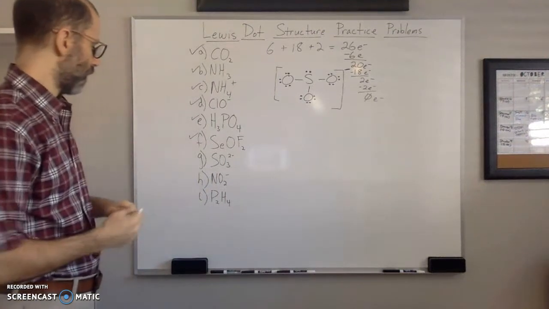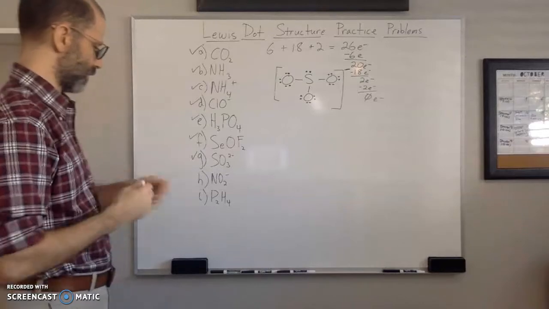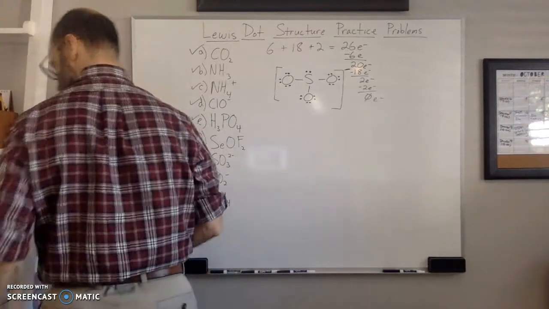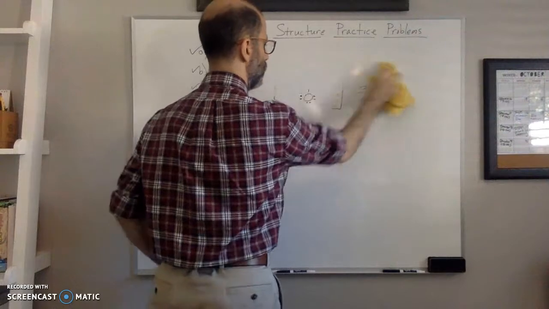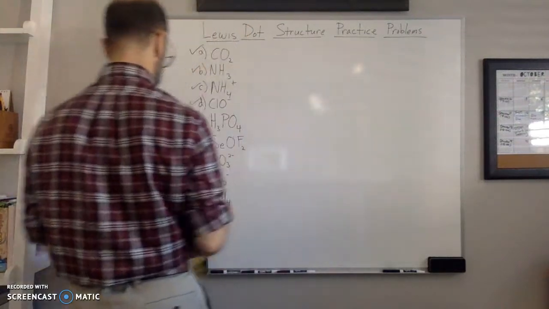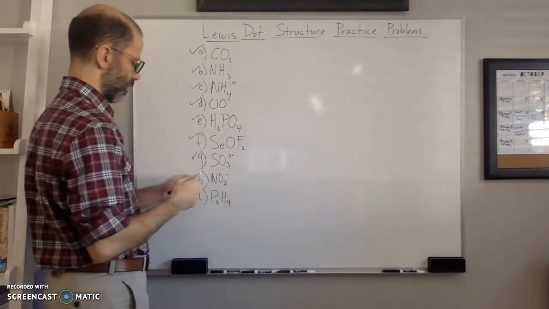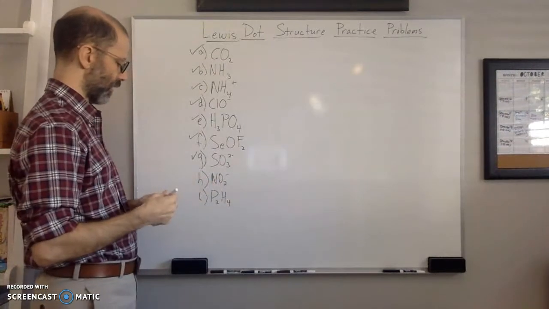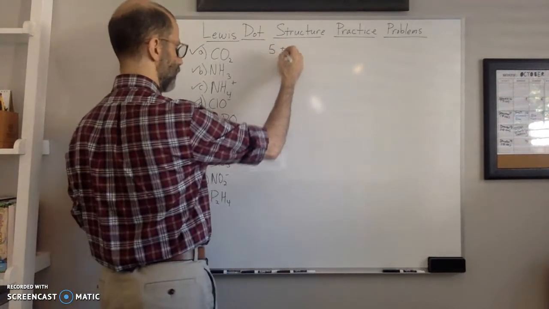Okay, so that one's done. NO2 minus is another polyatomic ion, so we'll do that one. Again, we're going to sum up our valence electrons. So nitrogen is group 5, so it has 5 valence electrons.